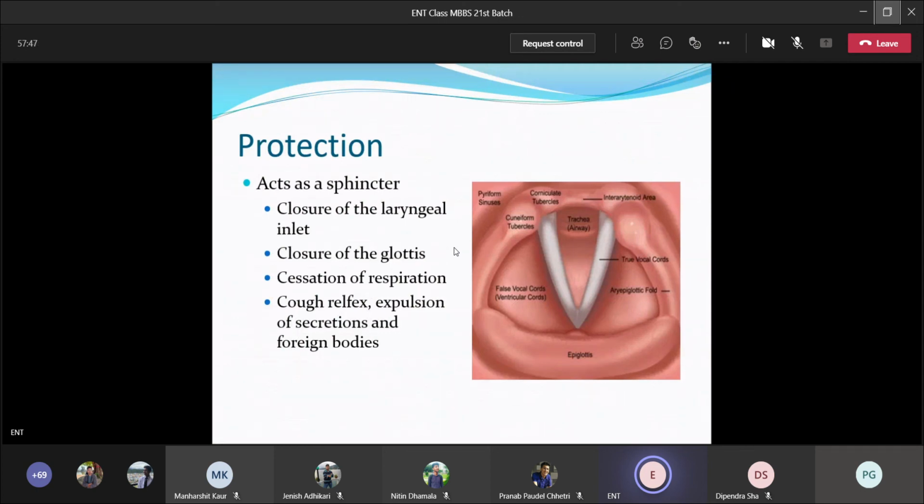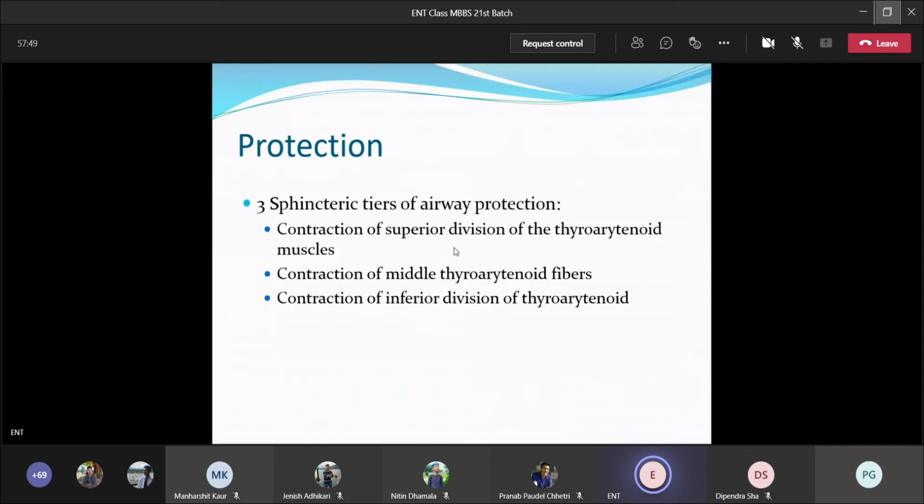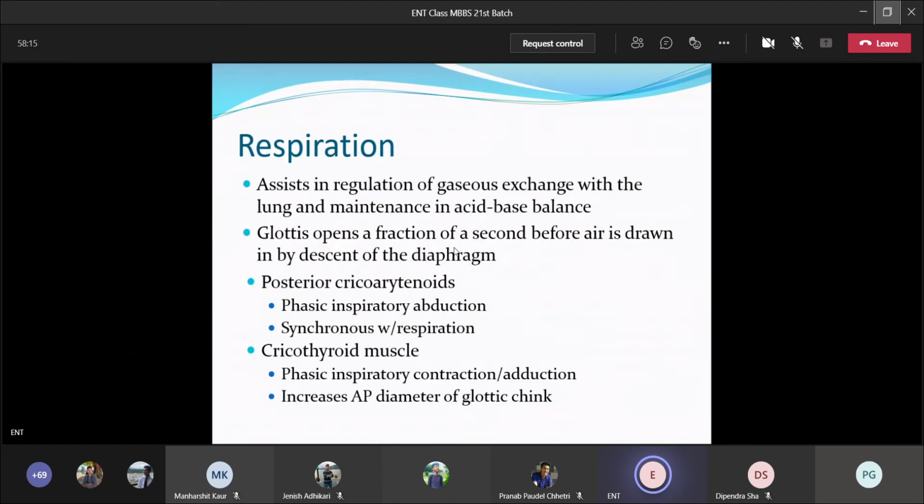There are 3 sphincteric tiers of airway protection: contraction of the superior division of the thyroarytenoid muscles, contraction of the middle thyroarytenoid fibers, and contraction of the inferior division of the thyroarytenoids. So this is protection.